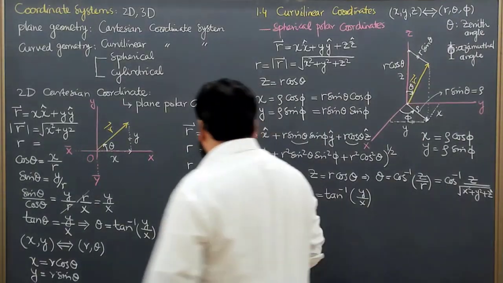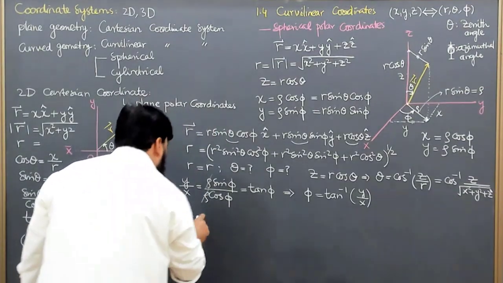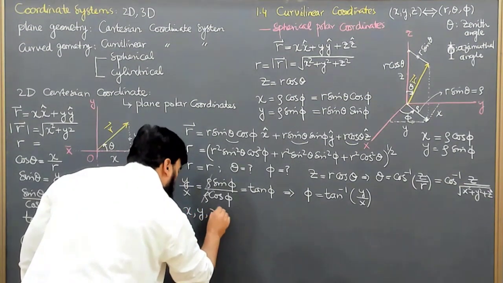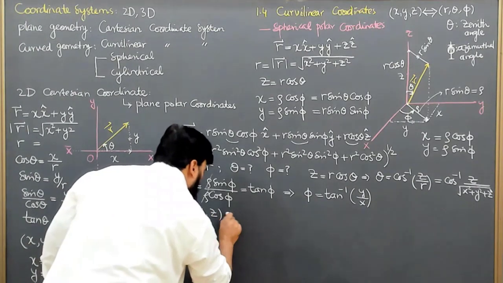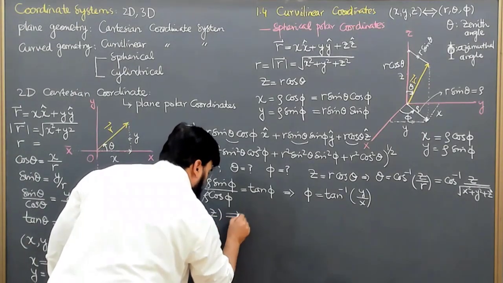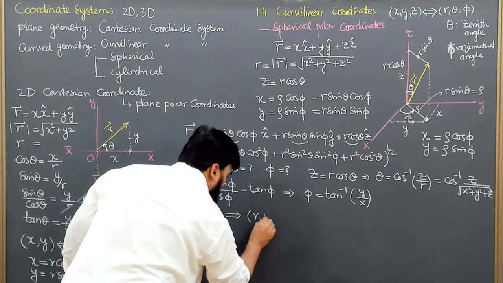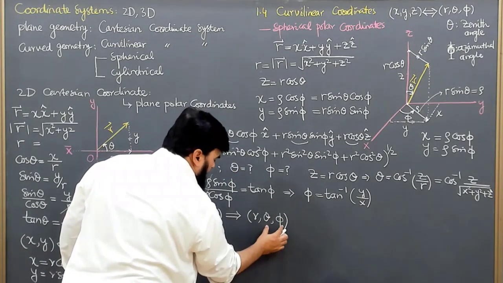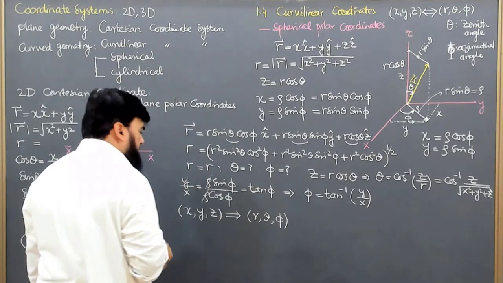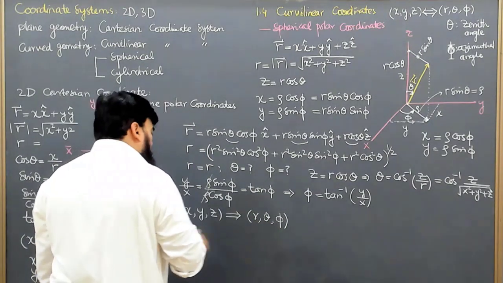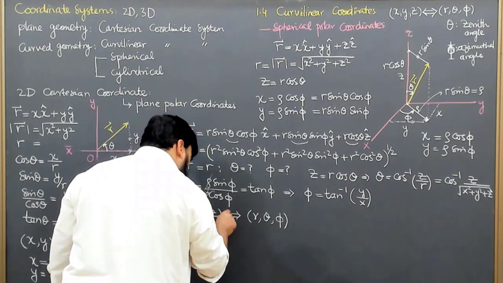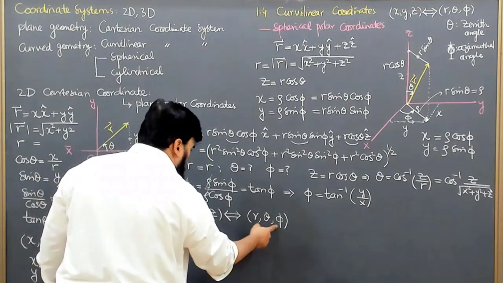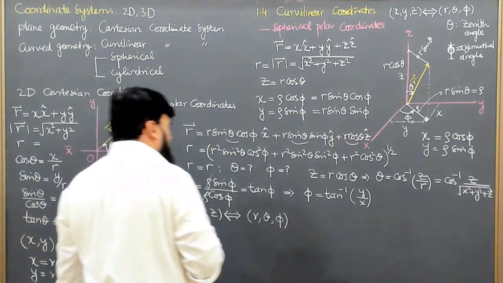So we had this conversion that x, y and z we converted into r, theta and phi. We call this the angular portion and this the length portion, and then we again reconvert them, r, theta and phi, into x, y and z.